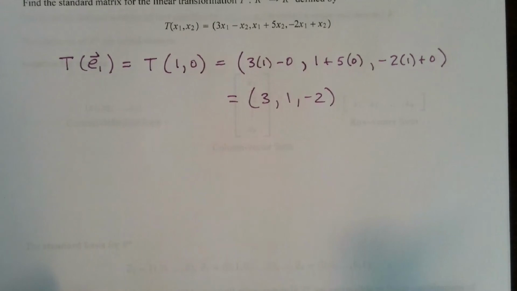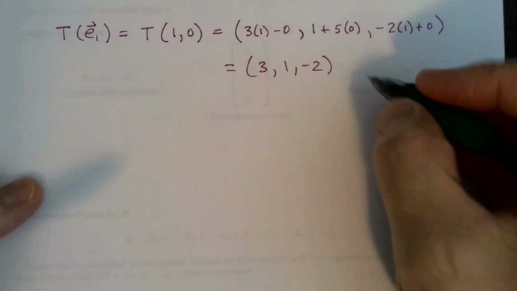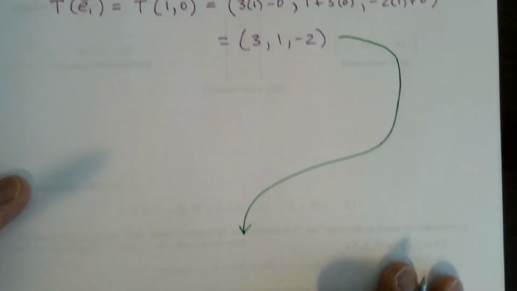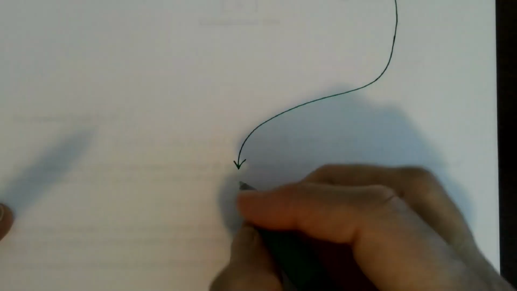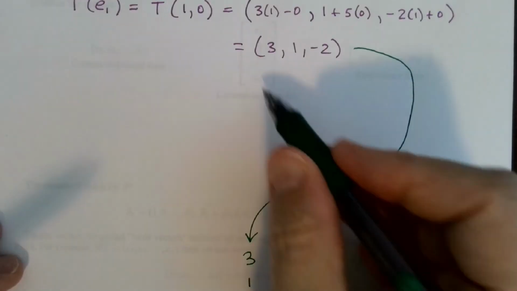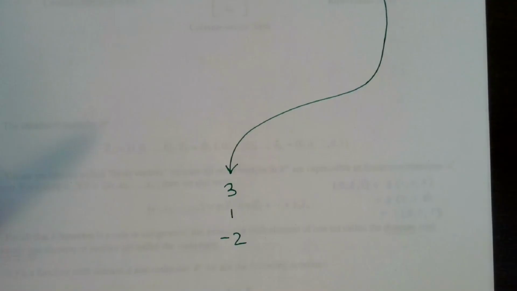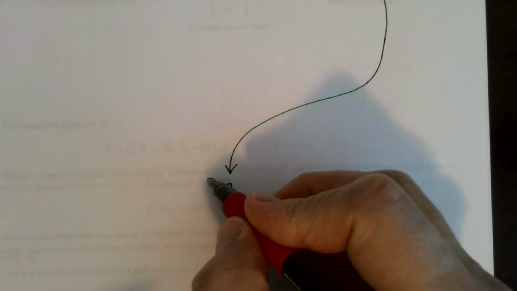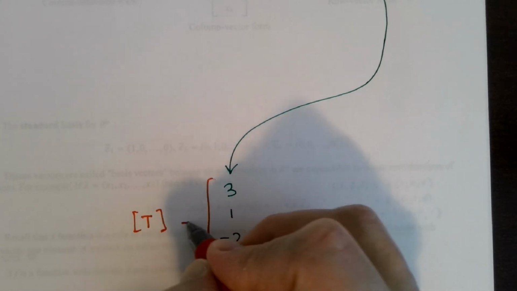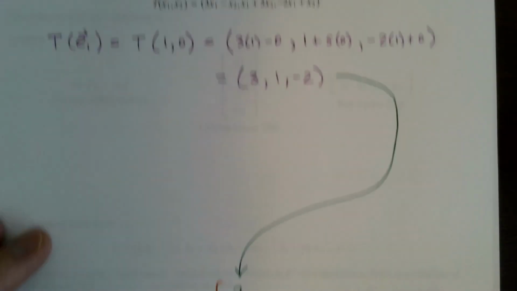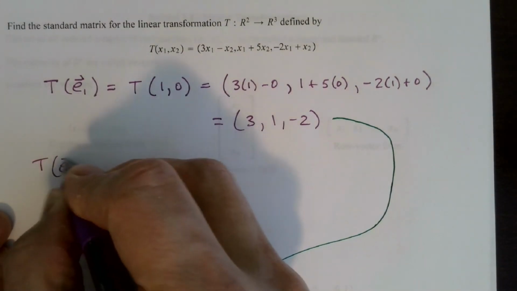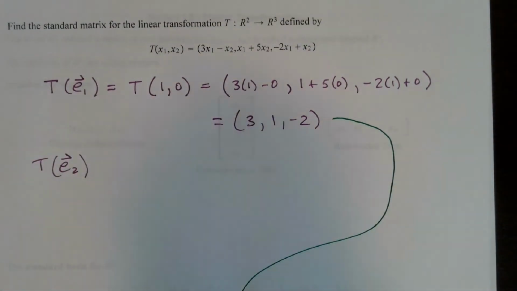Okay. Well, I'm going to take that (3, 1, negative 2) and slide that into the first column, and this will be the first column of my standard matrix. Okay. What's the second column going to be? The image of E sub 2. Since it's 2 space, we're just looking at those two.